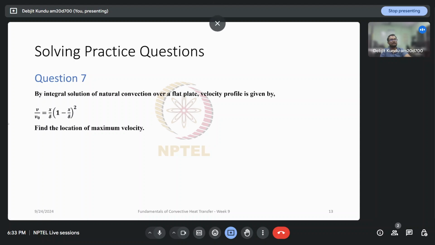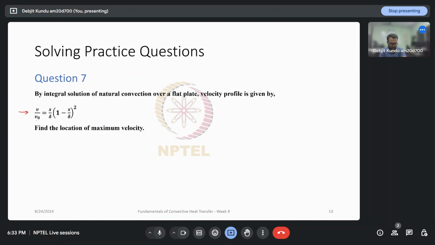Now moving on to question number 7, which is telling us that by integral solution of natural convection over a flat plate, the velocity profile is given like this. Now you have to find the location of the maximum velocity. So how would you do this? You know the expression of v.